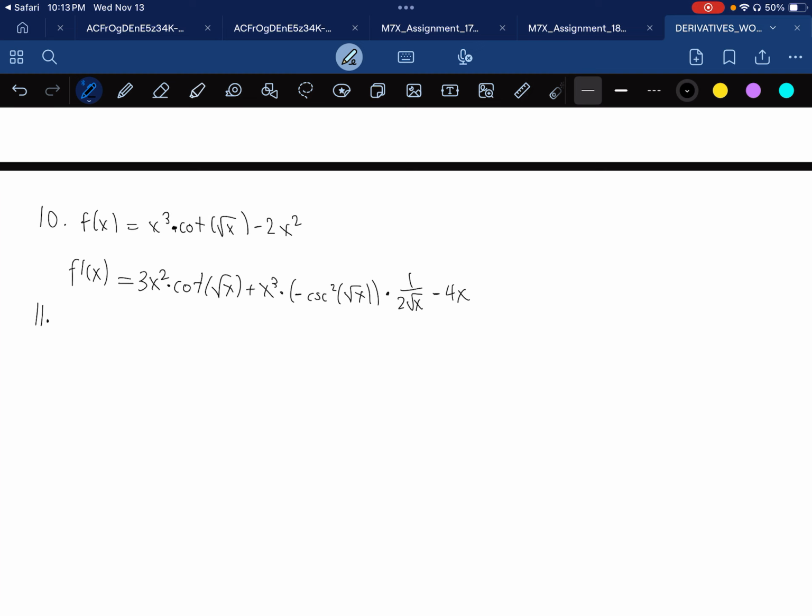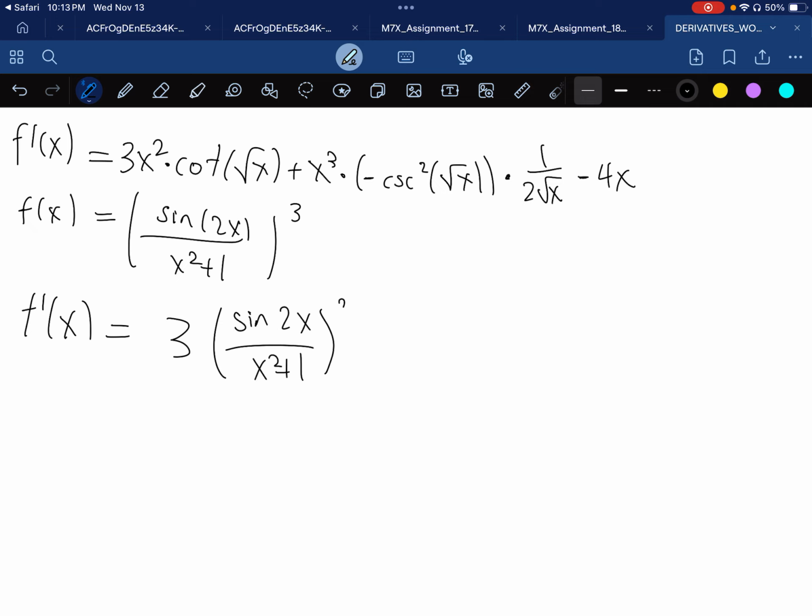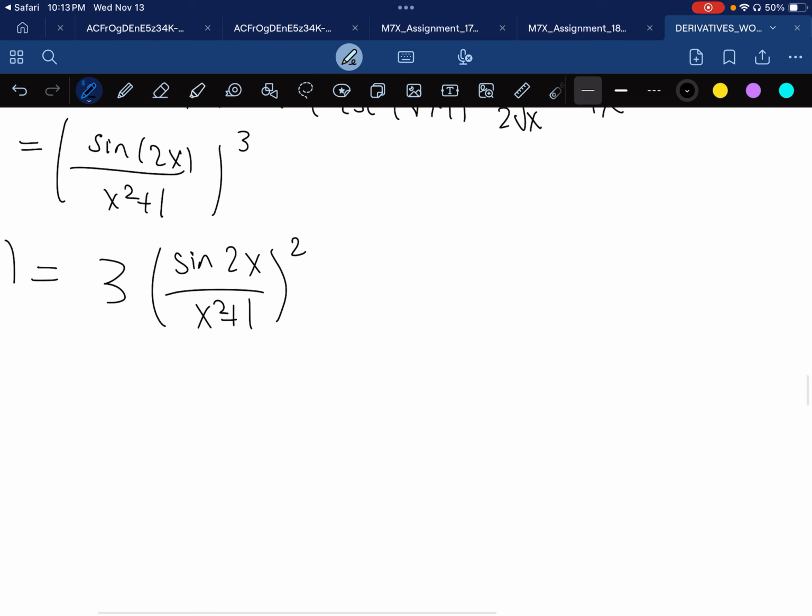So problem 11, f of x is equal to sine of 2x over x squared plus 1, and all of that cubed. We're going to use our power rule to bring down the exponent and subtract by 1, but also remember we have to take the derivative of the inside, and that's a quotient, so we're going to use quotient rule.